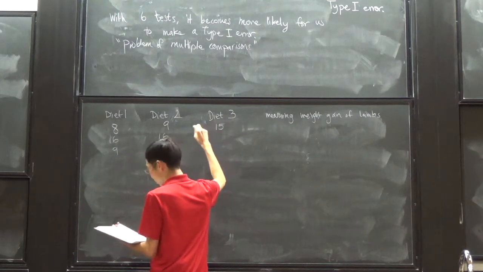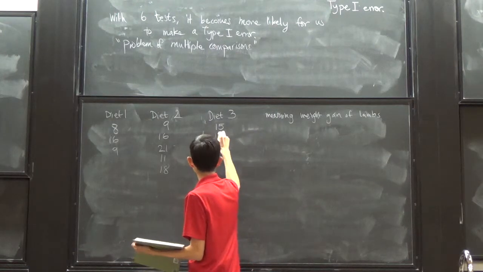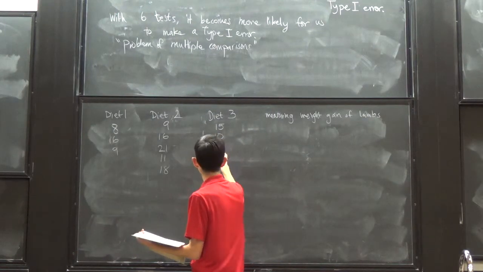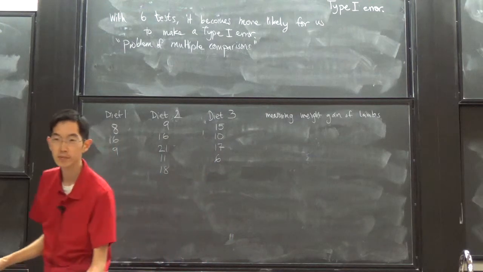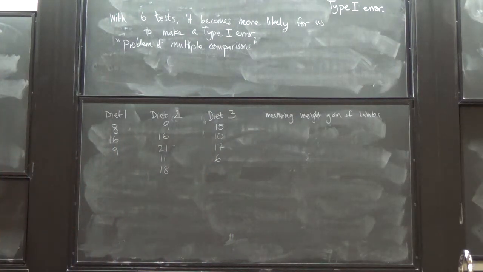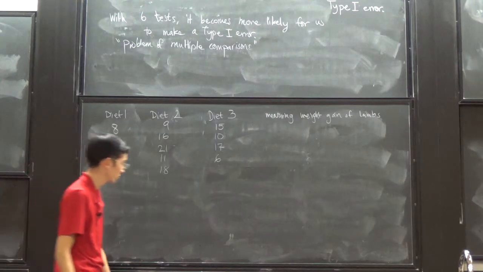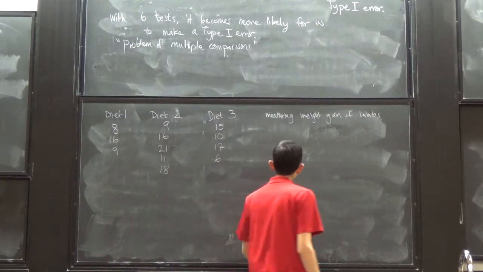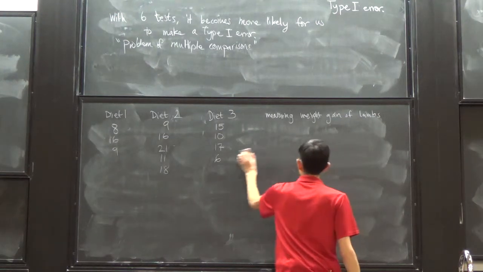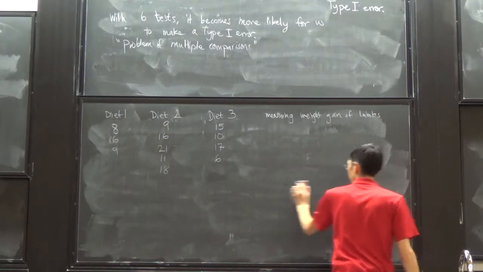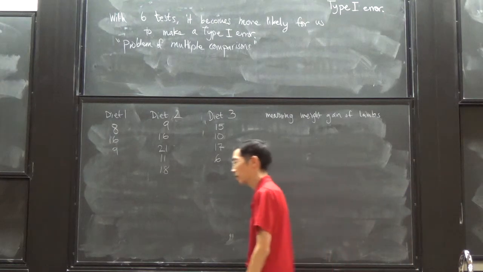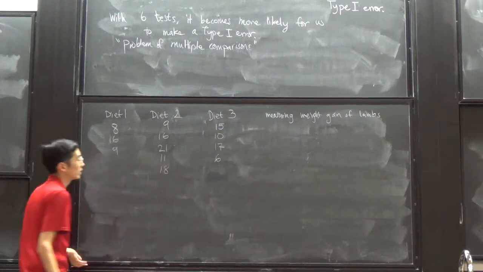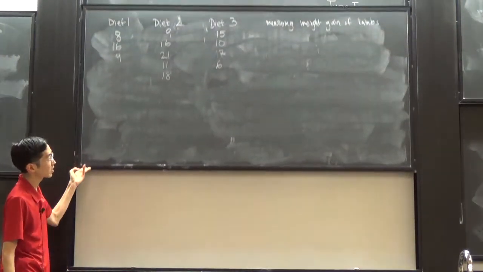And those were the weight gains under diet 2, and under diet 3, this is what we have. Just slide this up.